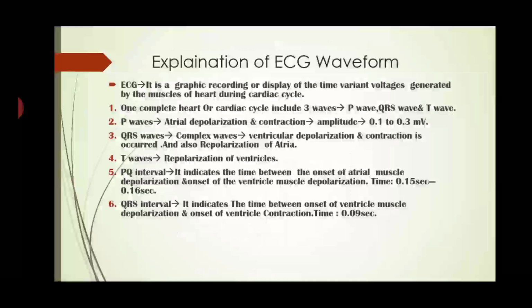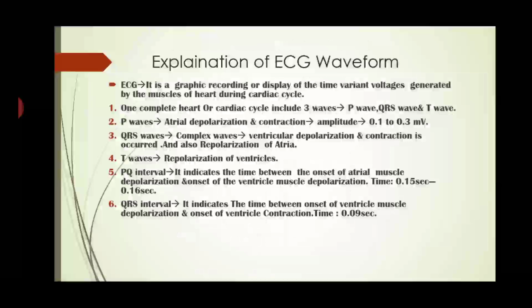The P wave is atrial depolarization and contraction, meaning during the P wave both atria depolarize and contract, and the amplitude is 0.1 to 0.3 millivolt.